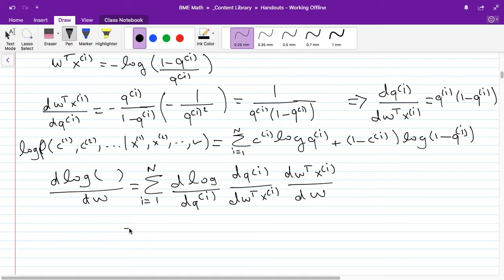The first term, the derivative of the log with respect to q_i, is c_i over q_i minus, because the derivative has a negative on it, (1 minus c_i) over (1 minus q_i). That's the first term. The second term here is this.